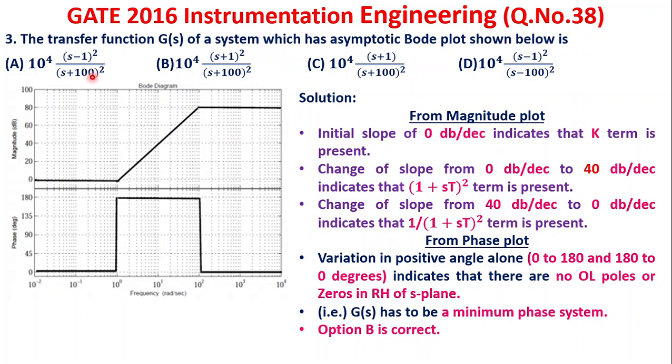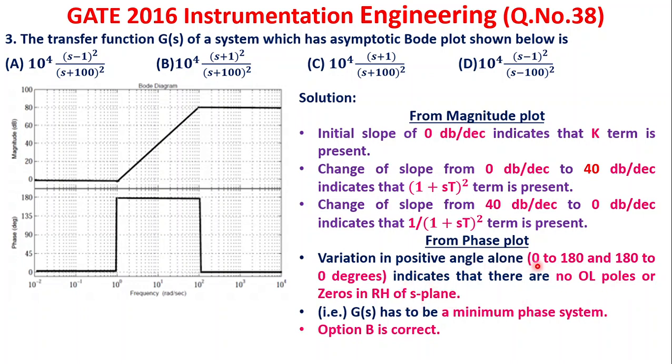Therefore, if you take option A or option D, you have zeros and poles in the right half of the S plane. Definitely, you will not have this characteristic. Somewhere the phase angle will come down or it may become negative. We do not see that characteristic. Therefore, G(s) has to be a minimum phase system. That means we should not have poles or zeros in the right half of the S plane.